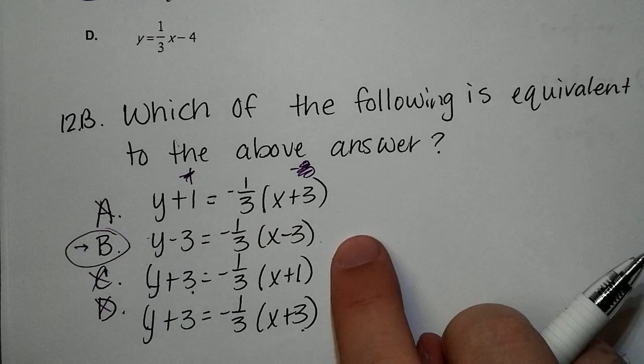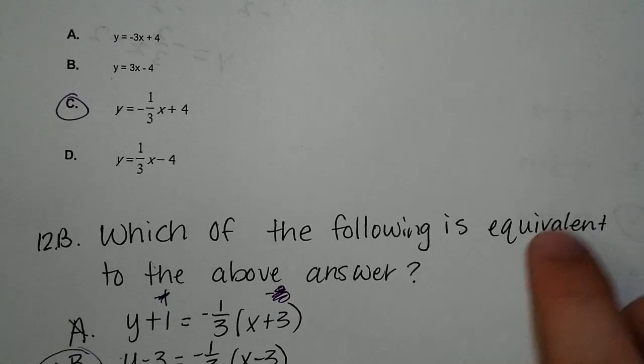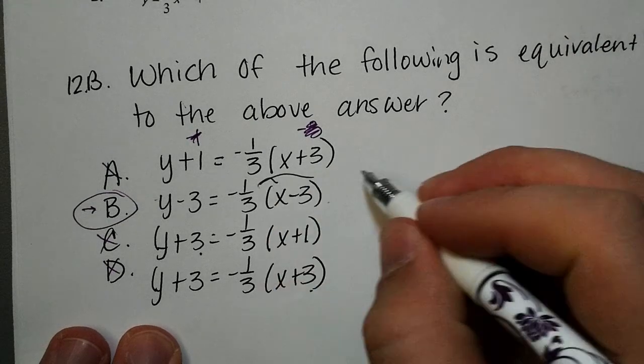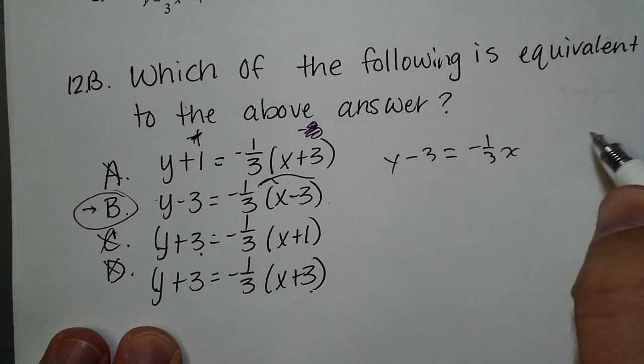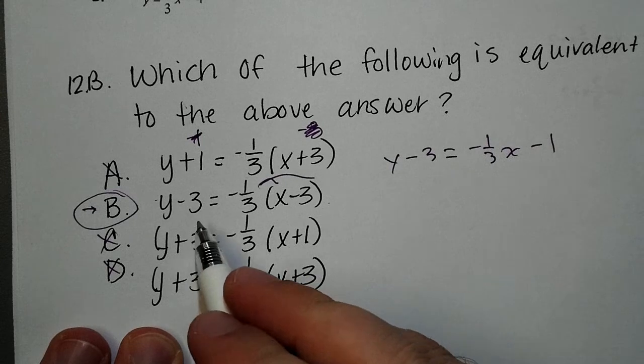And when you do change this into slope intercept, you end up getting, distribute this, y minus 3 equals negative 1/3 x minus 1. Sorry.